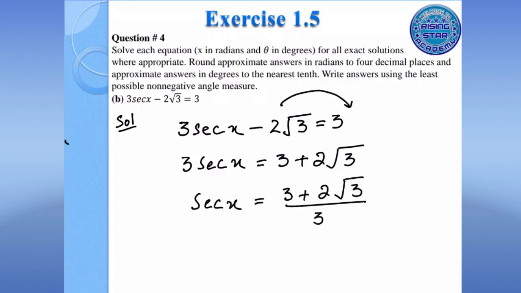So here we divided. Now we know that secant x would be equal to 1 over cos x. So we will put the formula. That would be 3 plus 2 times root 3 over 3. Now we will reciprocate.